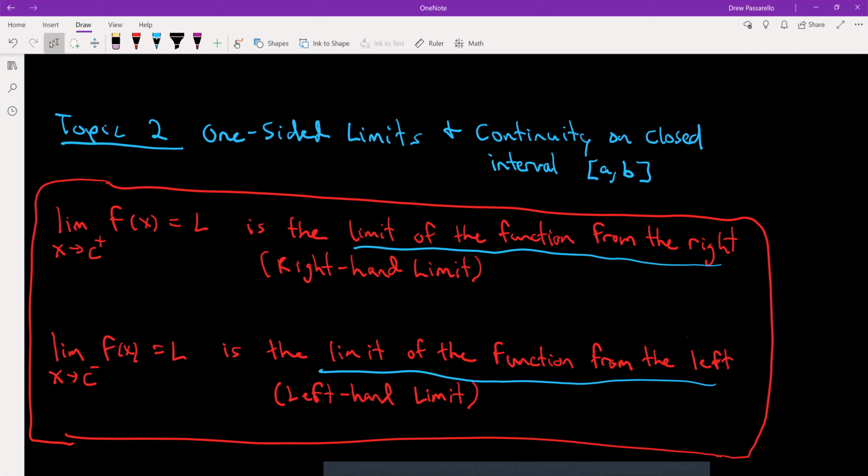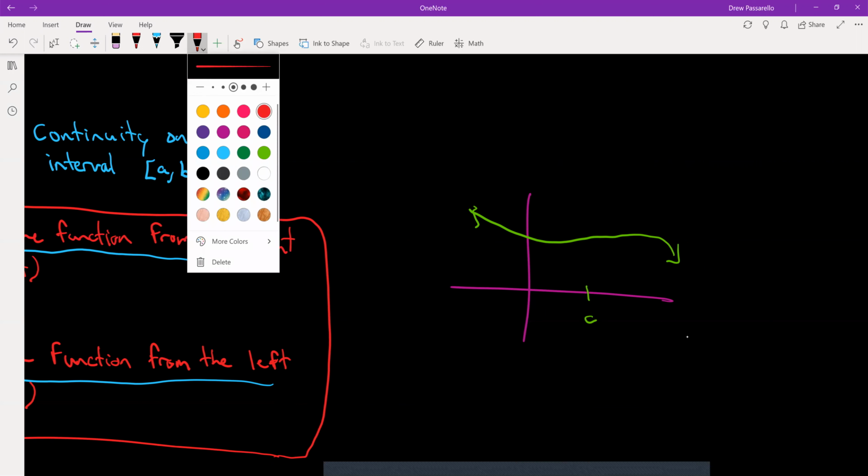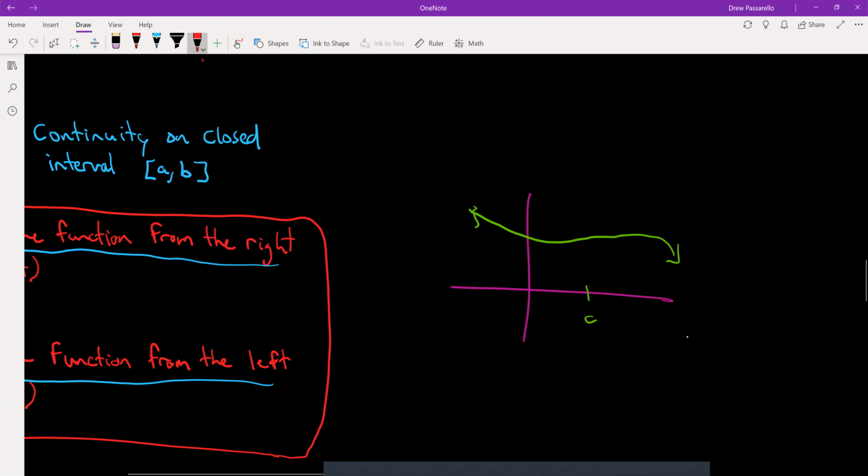So the value which the graph approaches at one side of C, if it's coming from the right, so let's say I'm approaching C from the right side, so that's what these arrows mean.